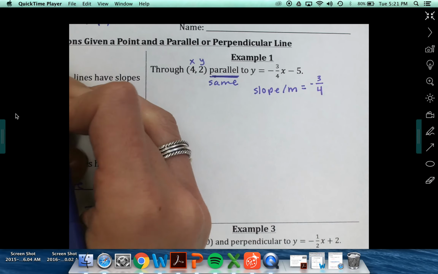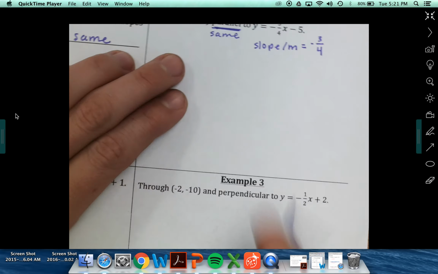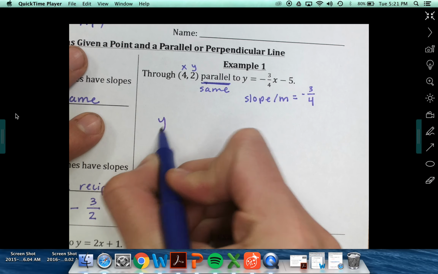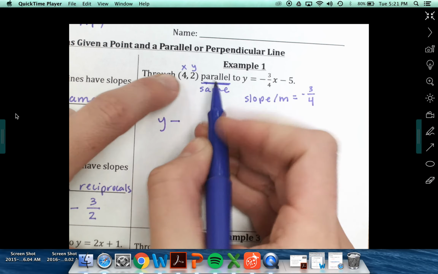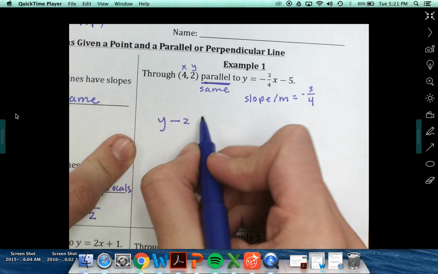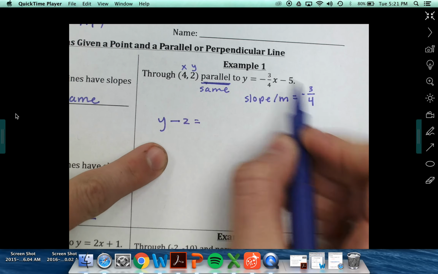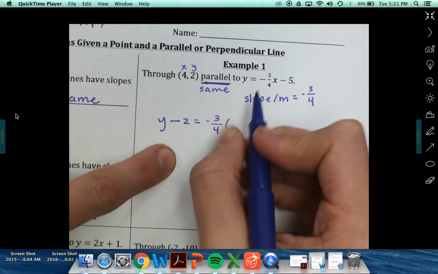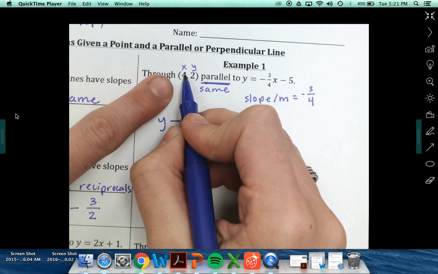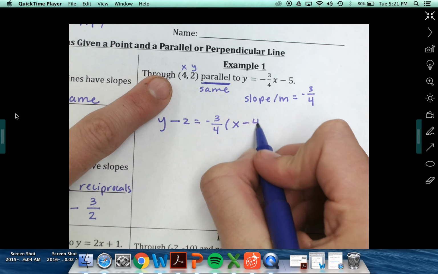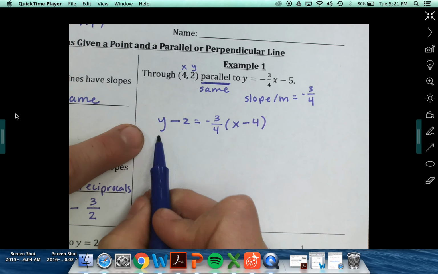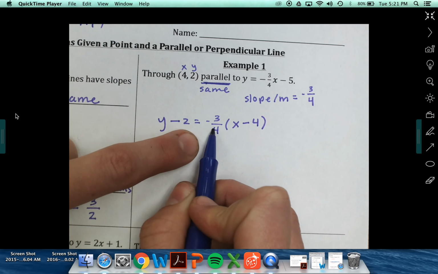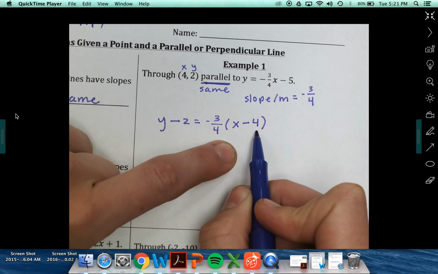Now I can plug that stuff into my formula. I have my point and I have my slope. So y minus my y value, 2, equals my slope, which is negative 3/4, and then in parentheses x minus my x value, which is 4. So here's my point slope form: y minus 2 equals negative 3 over 4 times x minus 4.